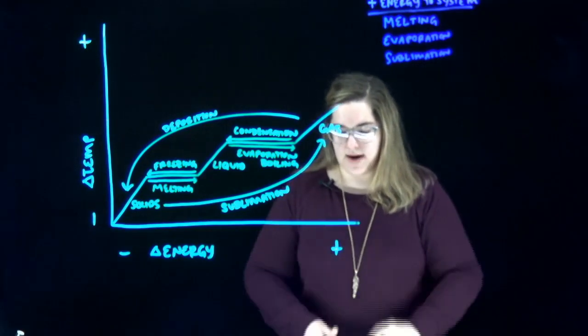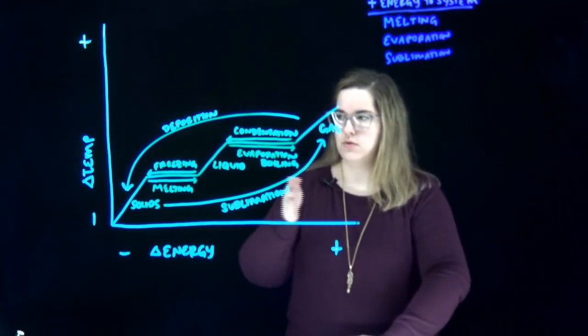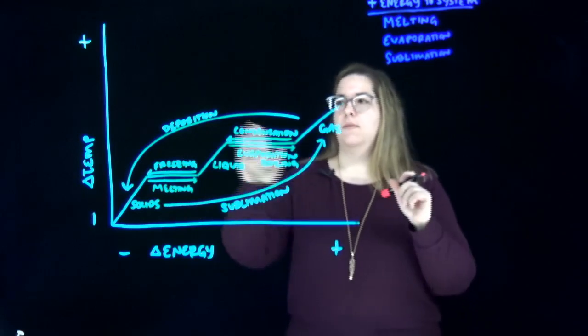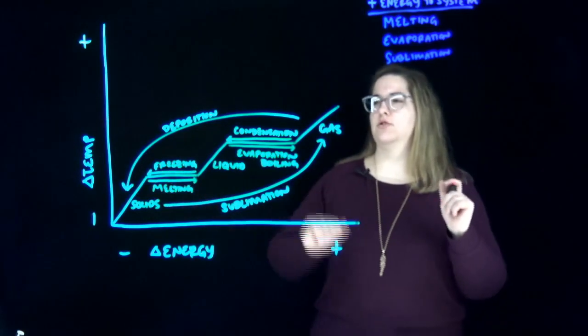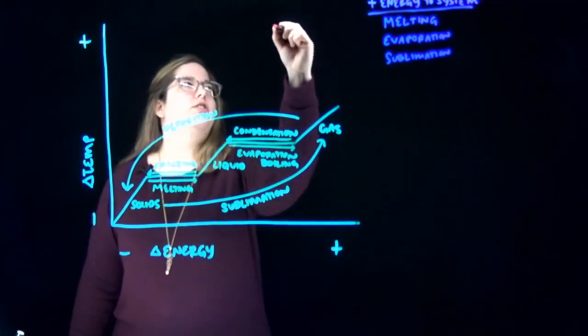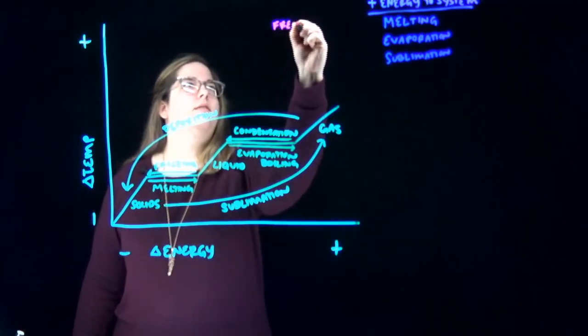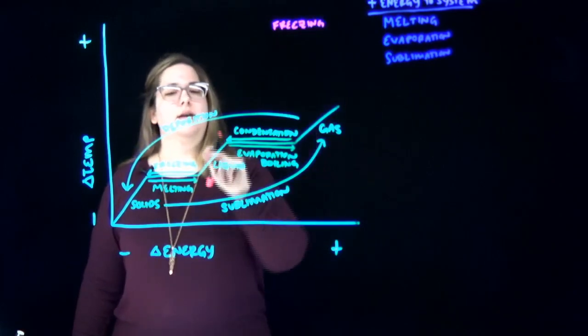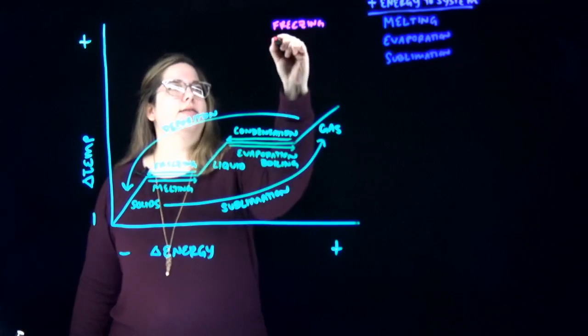When we are subtracting energy from the system, we're moving closer back to the origin. These are going to be our processes that move the other direction. So condensation, or we should start with the matching one, freezing. The one that moves this way, condensation.